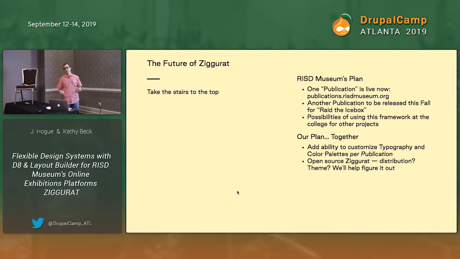And our plan is to continue to add and make this more customizable. One of the big things we started with that we don't actually have any code for yet was, on a publication-to-publication basis, can I change out the font? Can I change the typography completely so that it has a very different look and feel now? Instead of a sans serif as a primary, maybe it's a serif, maybe it's something else. And then can they change color palettes?